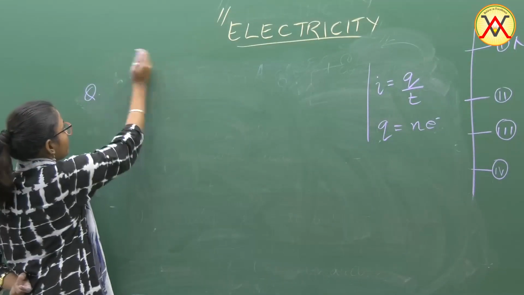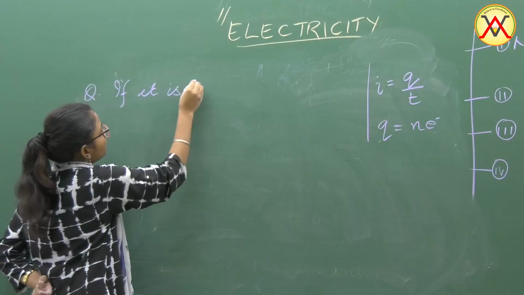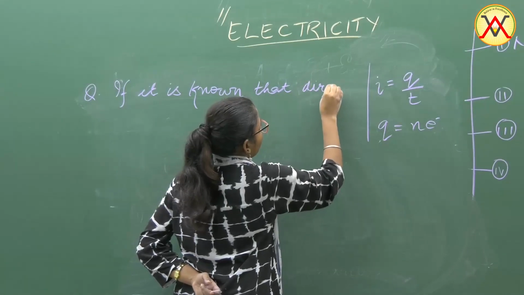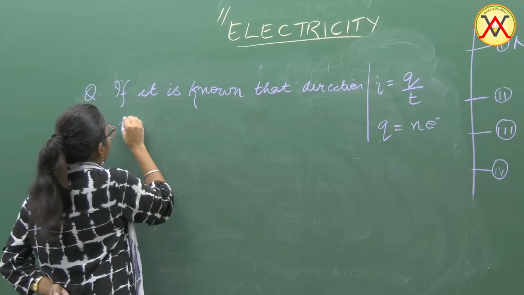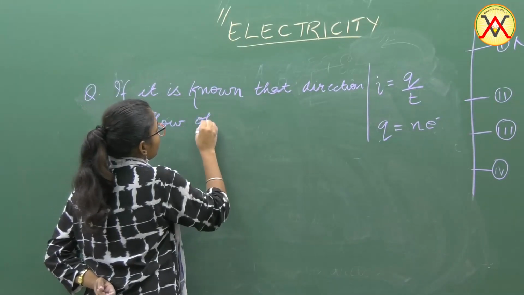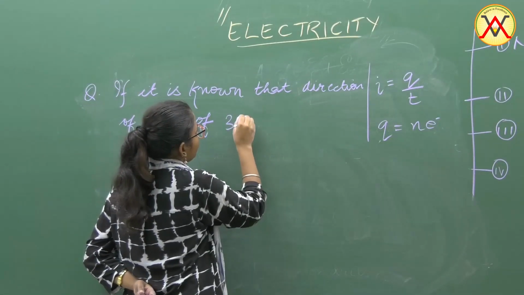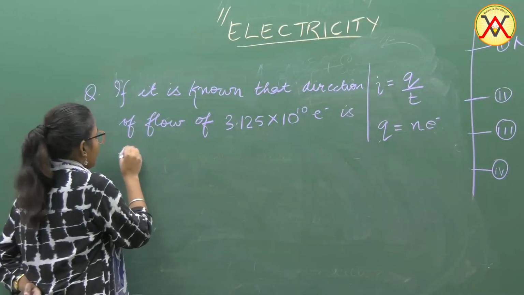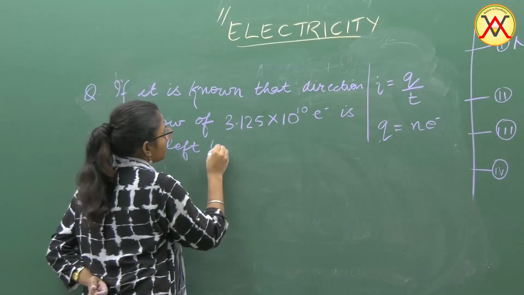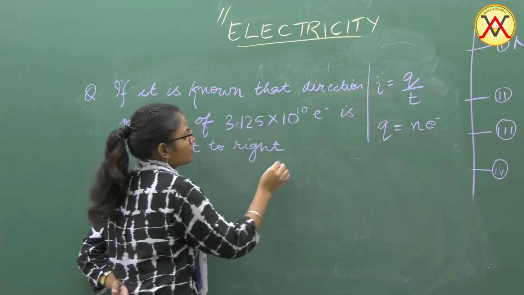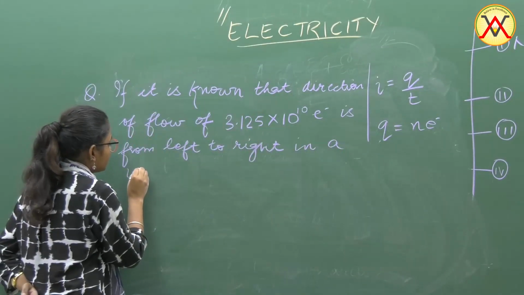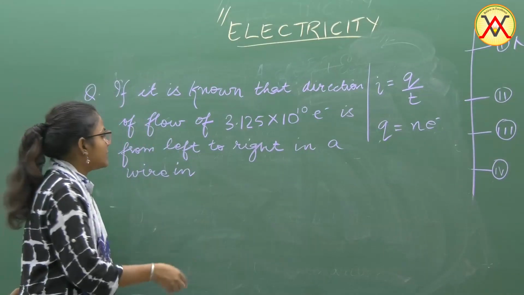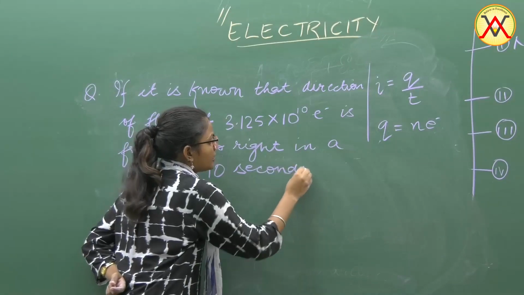Let's suppose our question is, if it is known that direction of flow of 3.125 into 10 raised to power 10 electrons is from left to right in a wire, and let's suppose 10 seconds.